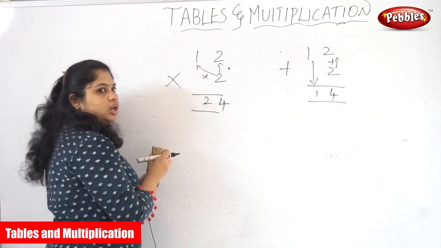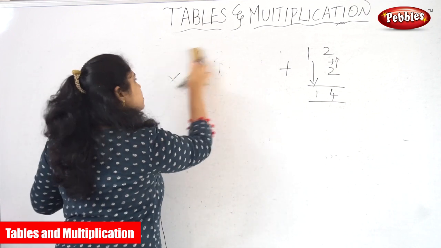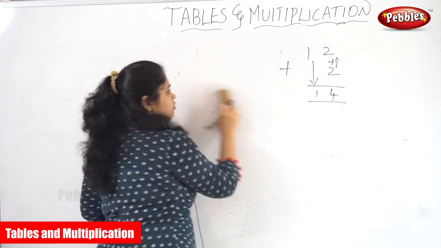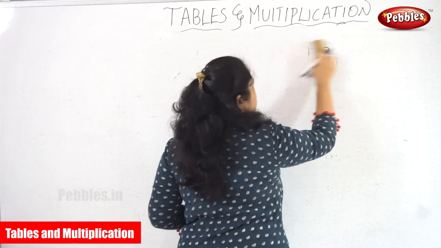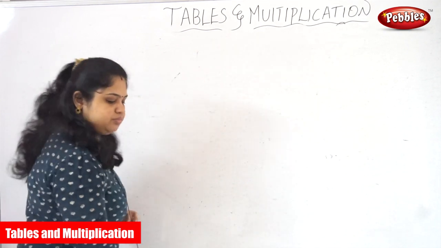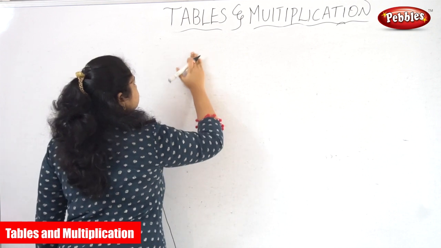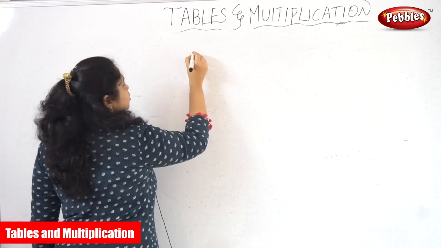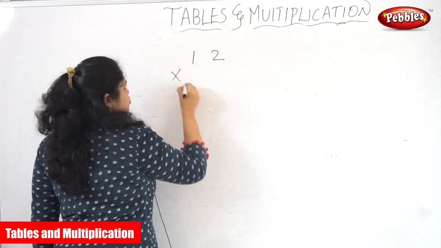Since 2 is very easy, we will take another single-digit, larger number. For example, 12 into 3.